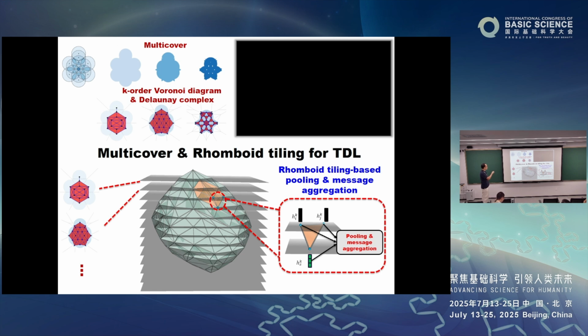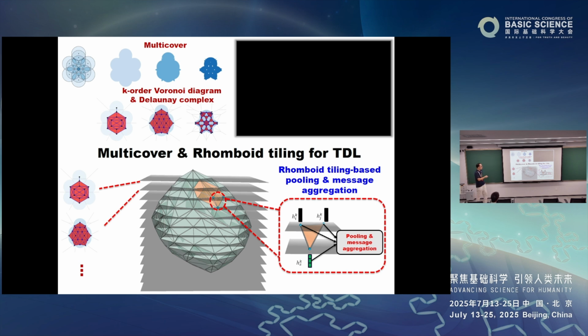So essentially, you can decompose this and get the simplex from this structure. So this is the one-order Delaunay complex corresponding to this one-cover, this the two-order Delaunay complex corresponding to the two-cover, this the three-order Delaunay complex corresponding to this three-cover.